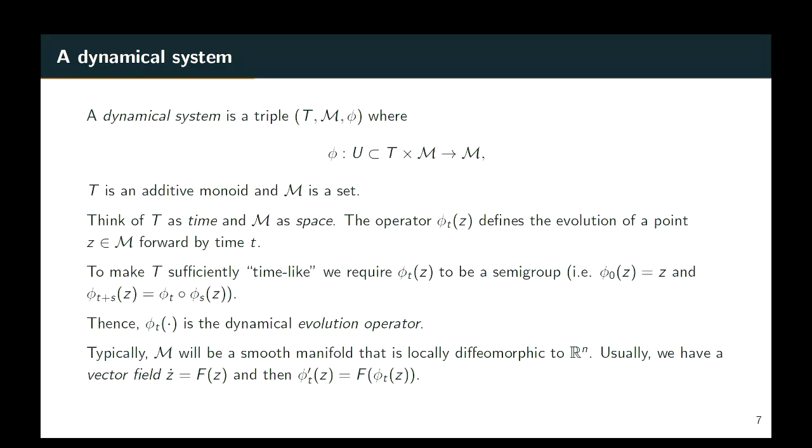Okay? For those of you that have got through 3A7, this is all revision, but typically what we're talking about here in real applications is we've got some vector field, right? So we've got some system of differential equations.